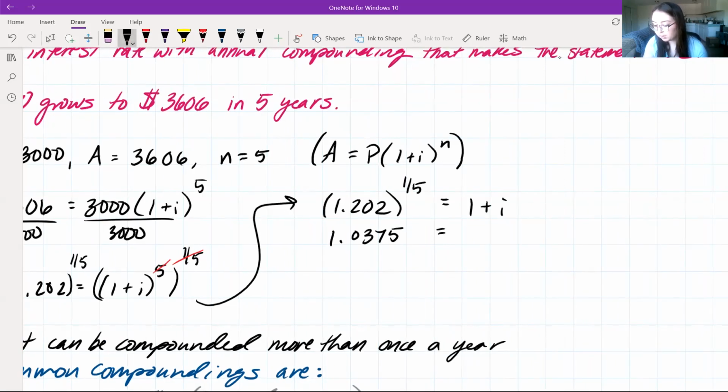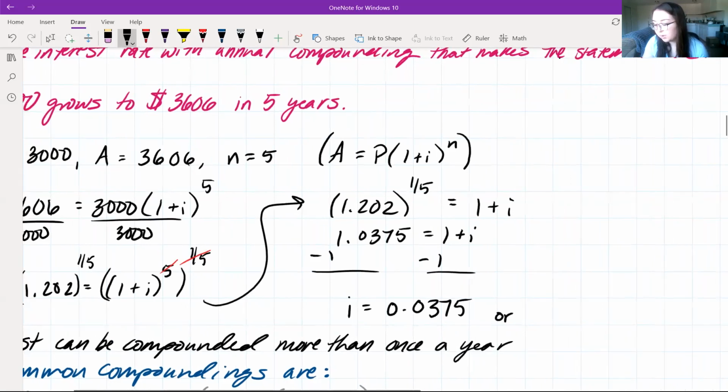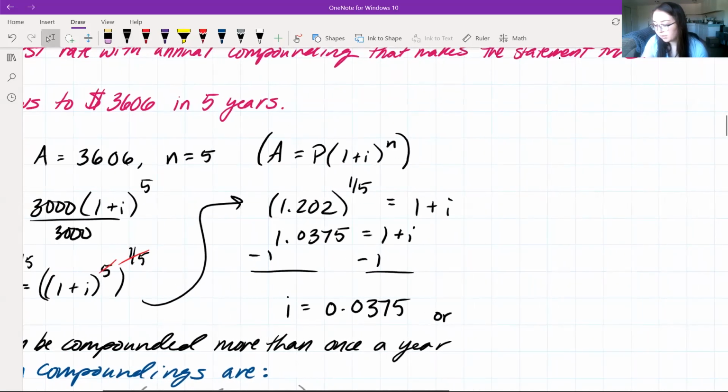And that is going to be equal to 1 plus I. So we want to simplify I, so we're just going to subtract 1 from both sides. And we get I is going to be equal to 0.0375. Or since we can rewrite this as our actual rate, we know this is equal to 3.75%.